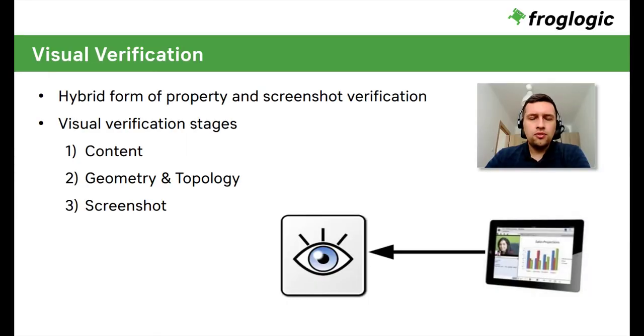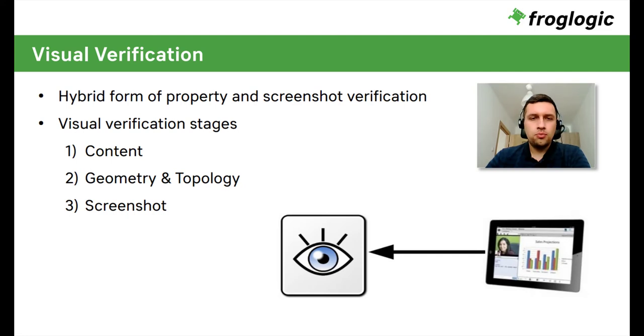Conceptually, visual verification is a hybrid form of property verifications and screenshot verifications. Both types of checks are now combined into a single complex algorithm to find the best possible match. Unlike screenshot verifications, they do not just treat the rendered screen content as a single surface. Instead, the area is divided and compared per individual UI control.